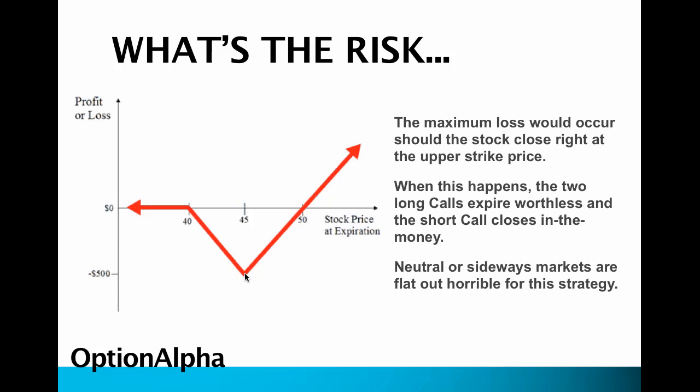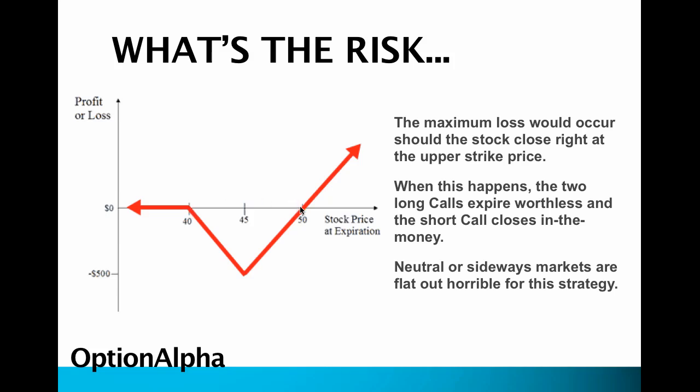And then we'd also be short a 40 strike, which would be $500 in the money, so we'd have to buy that option back. That's where the $500 loss comes into play. Anything around 45 would be a differing loss, all coming back towards the zero barrier if we get beyond 40 and beyond 50.